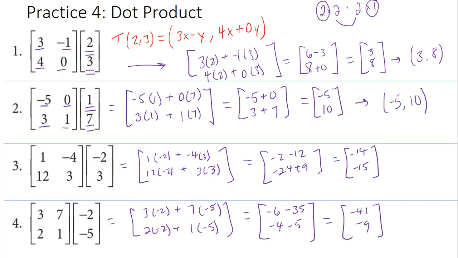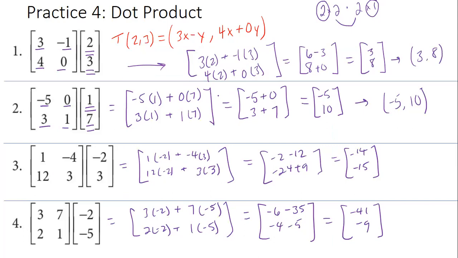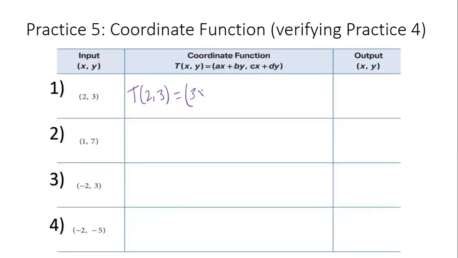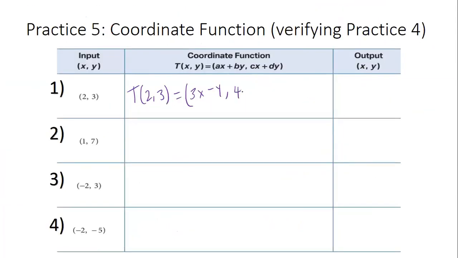So I'm going to do number 1 because I've already done it. Our transformation form was T(2, 3) equals 3x minus y, comma, 4x plus 0y.